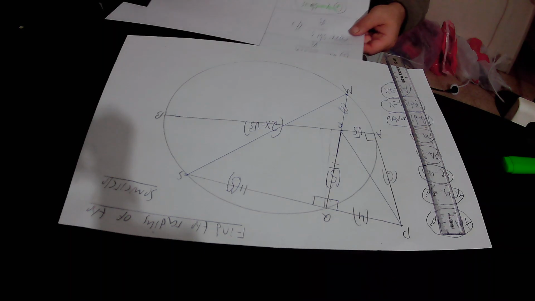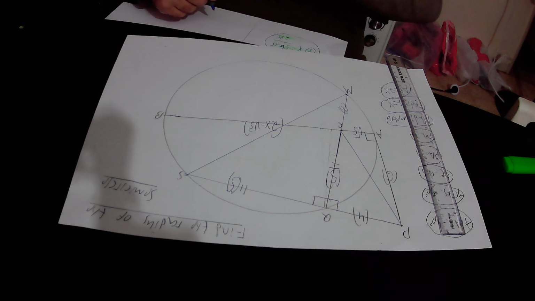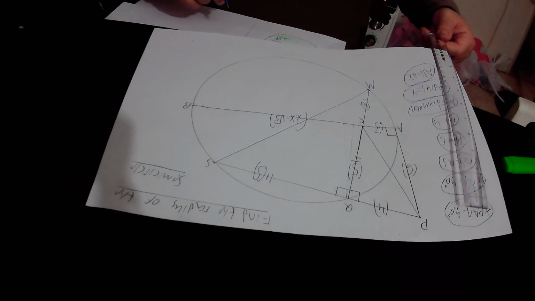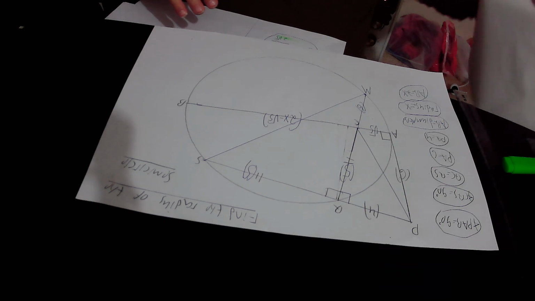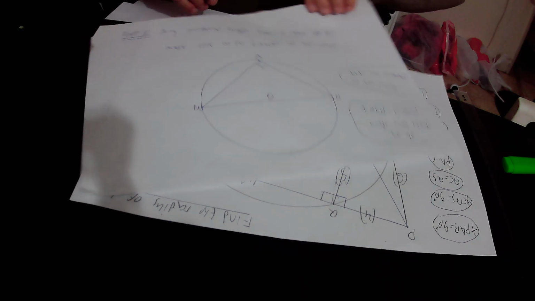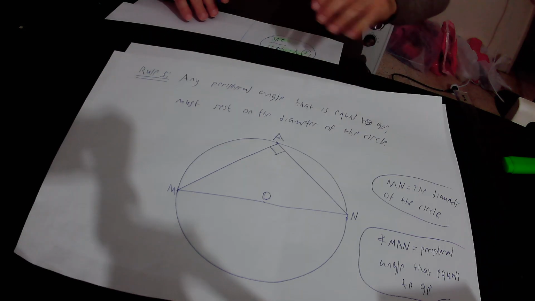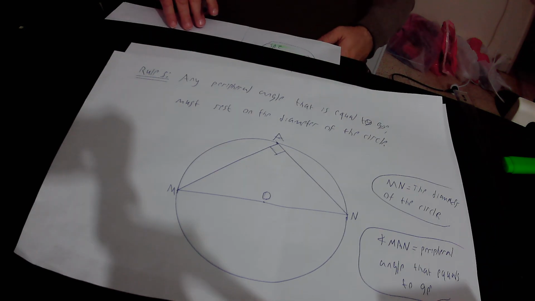And we actually have rule number 5 that relates to a peripheral angle that is equal to 90 degrees in its size. According to rule number 5, any peripheral angle that is equal to 90 degrees must rest on the diameter of the circle.